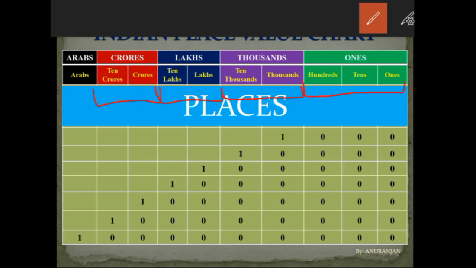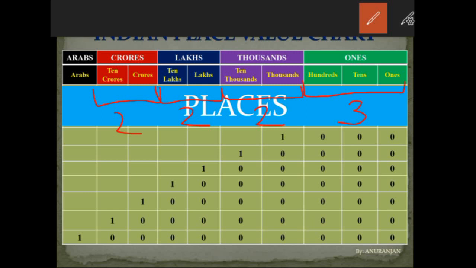Now, if you observe the placing, you will observe that in the ones period, 3 places are there, and in the thousands there are 2, and in the lakhs also there are 2 places, and crores. So, we can come to the conclusion that only the ones period has 3 places, and the remaining periods will have 2 places each.